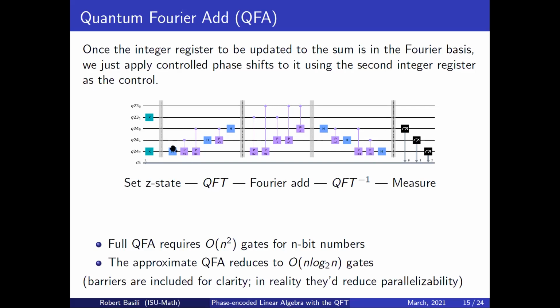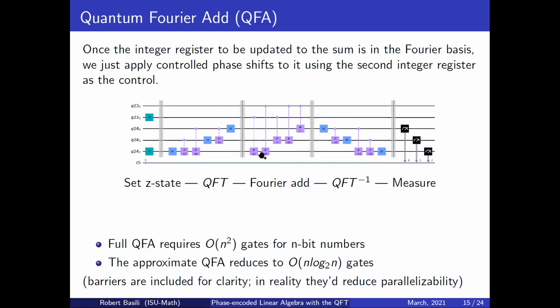And in the second step, we apply the QFT to the register that we intend to be updated into the sum, and then we apply these phase gates controlled by the first register, the register that's not going to be modified. Whatever number it's representing is going to be added to this second one that's currently in the Fourier basis.